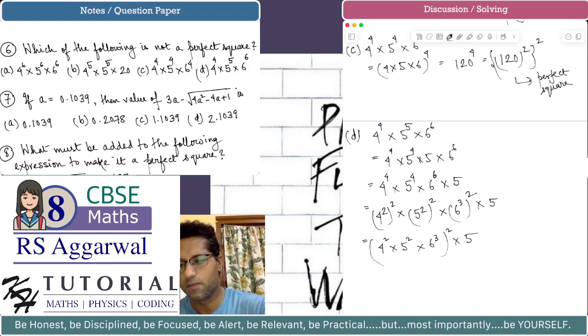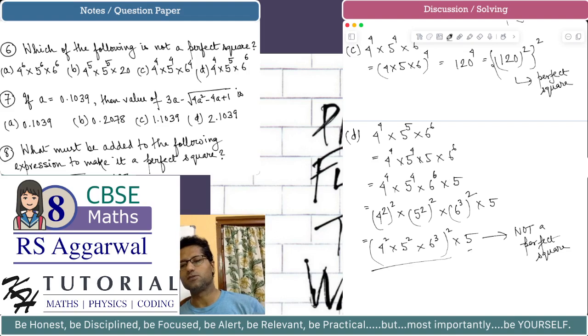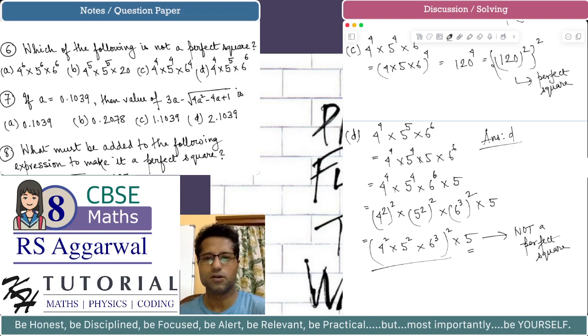Now this cannot be a perfect square because of the factor 5. This part is a perfect square, but this is not a perfect square because of the factor 5. This number is not a perfect square. So the correct choice is D. D is not a perfect square.